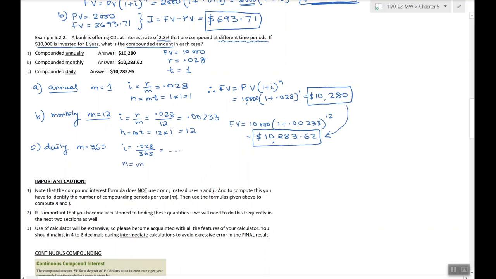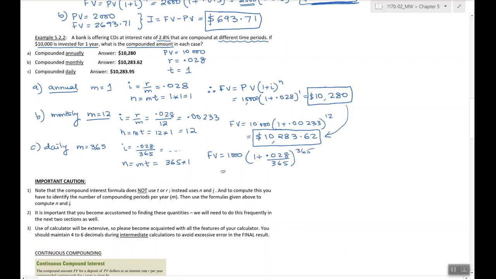N was MT, so that would be 365 times 1. So the future value would be 10,000 times 1 plus I, but I would be 0.028 over 365, and then raise it to the power 365.